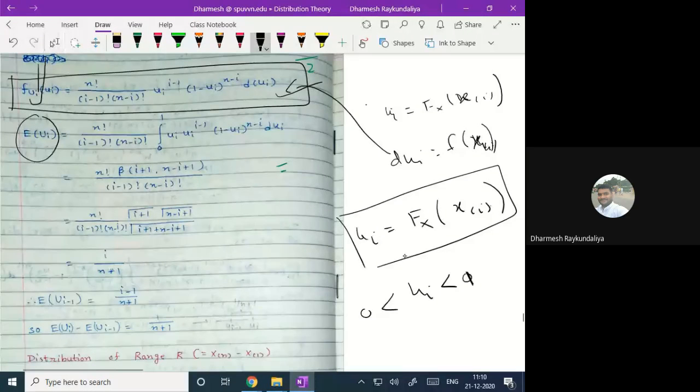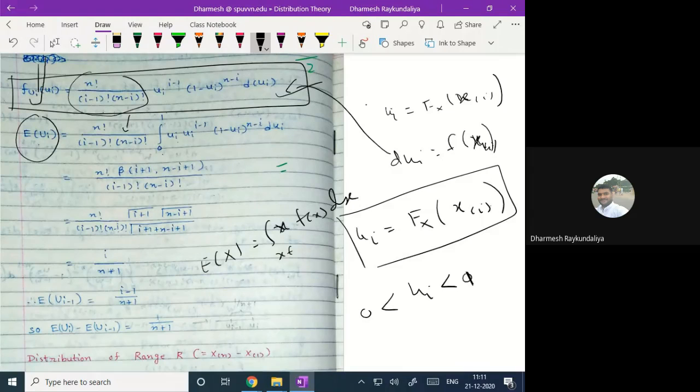So let us see what is the mean. It is n factorial upon i minus 1 factorial upon n minus i factorial. This is the constant, out of the integral from 0 to 1, because I am finding the expectation of ui, and we know that the expectation of x is nothing but the integration of x fx dx over the range of x. So here expectation of ui is nothing but the integration of ui f of ui dui, and f of ui is nothing but this.